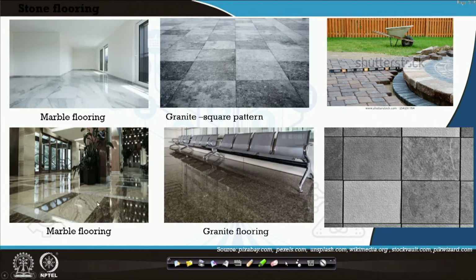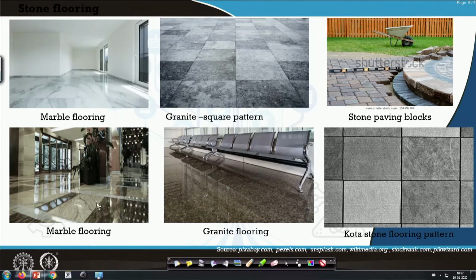Now here you see another marble where you can see a very particular kind of pattern which has been continuing, which is not much seen in the upper one. The color is also different. When you see all these polished floors on one hand, you see here stone paving, you see here Kota stone flooring.